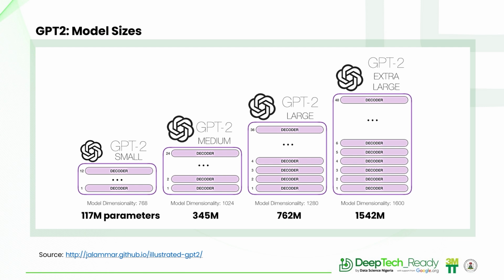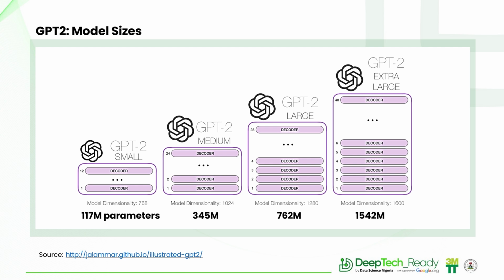The GPT-2 large is equipped with 762 million parameters, and this version delivers more accurate results. And the most powerful variant is the GPT-2 extra large with 1.5 billion parameters, providing the best performance across tasks. Each increase in size allows the model to capture more complexity and improves its ability to understand and generate text.